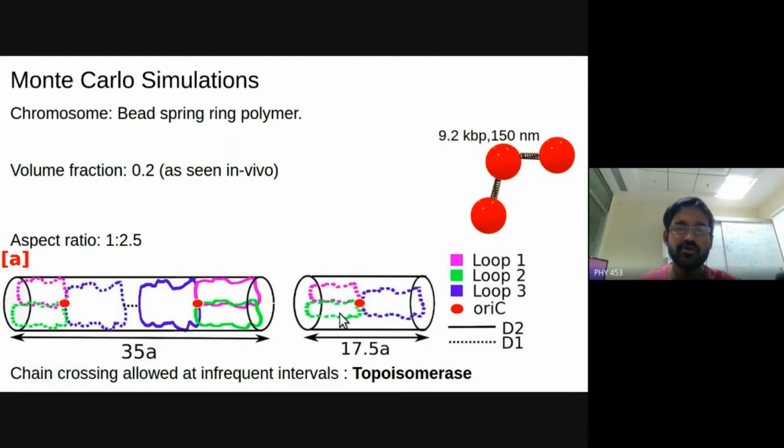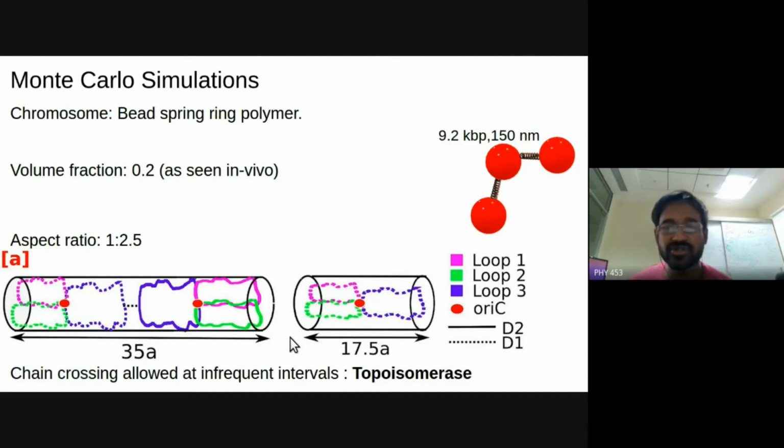So the polymer is in the ARC2 architecture to begin with, as you can see on the right, and then it's confined to a cylinder, and we model replication explicitly. After the process of replication, one has two ARC2 polymers cross-linked at the TER, and the cylinder also grows in accordance to what is known.